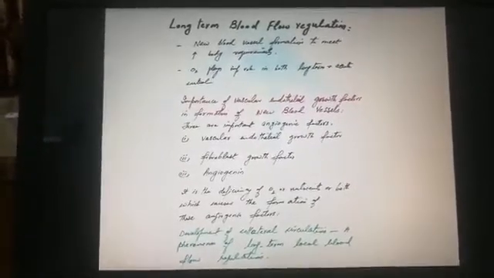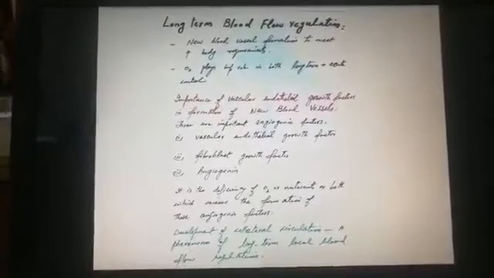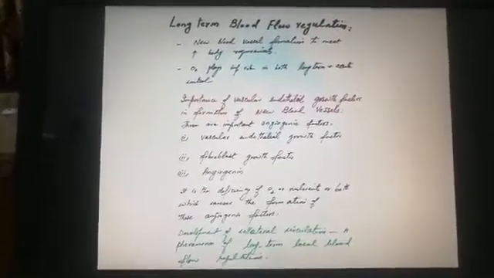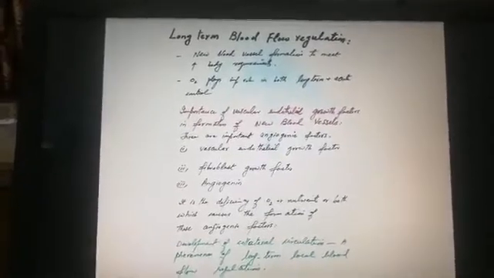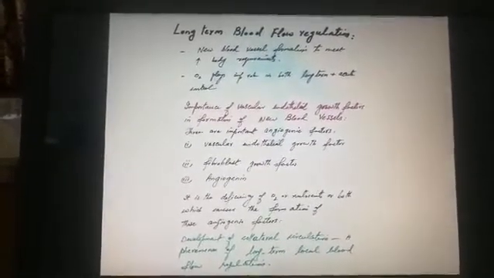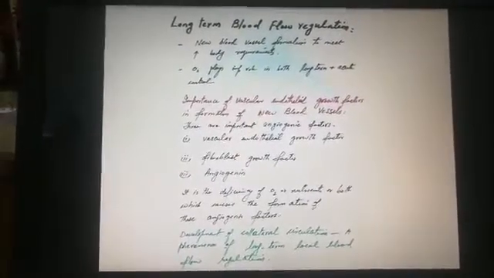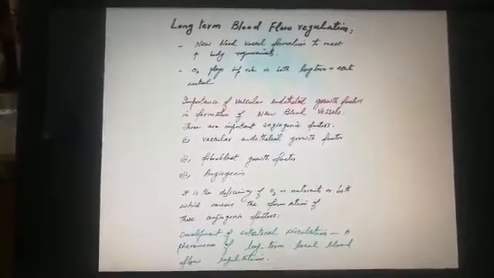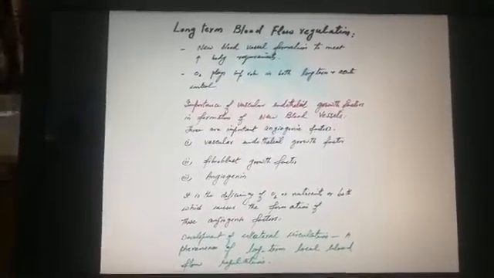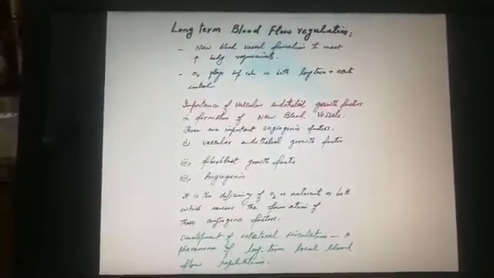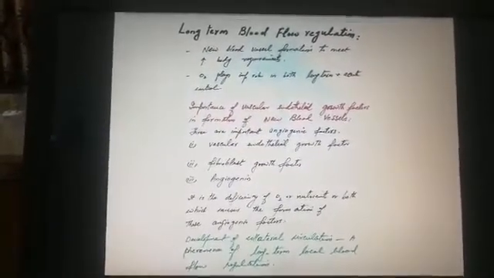And in long term, you have seen the process of neoangiogenesis, new vessel formation, and the angiogenic factors. And the stimulus for these angiogenic factors is oxygen and nutrients. And there is a formation of collateral circulation, that is, the formation of vessels adjacent to the mainstream circulation, the mainstream vessels of that tissue.